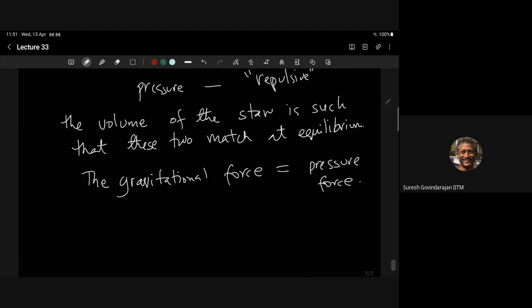Okay, so the gravitational force will be G Newton times the mass squared, proportional to the mass squared by the radius squared with some alpha, and the pressure force will be P times 4 pi r squared. We have a formula for pressure. So we're doing some kind of dimensional analysis where alpha is some constant of order 1.